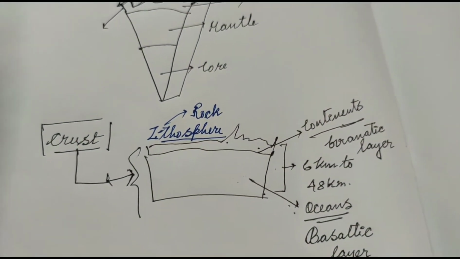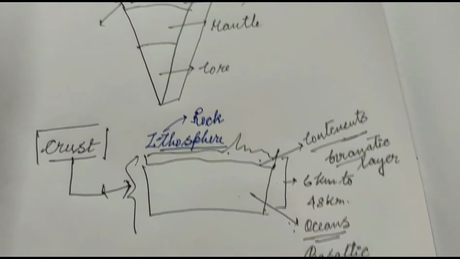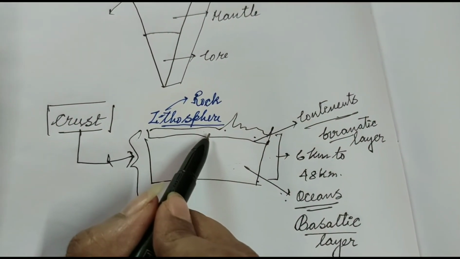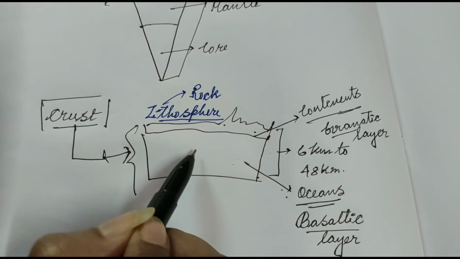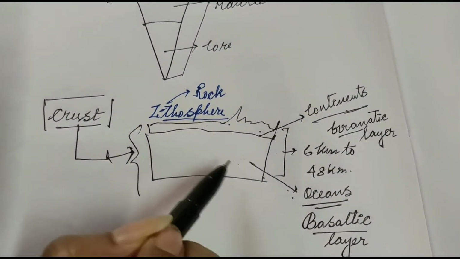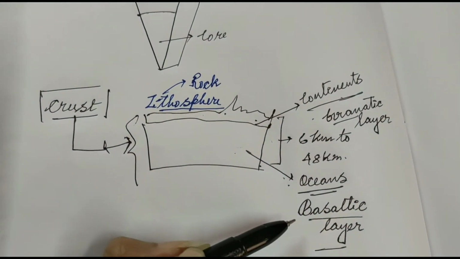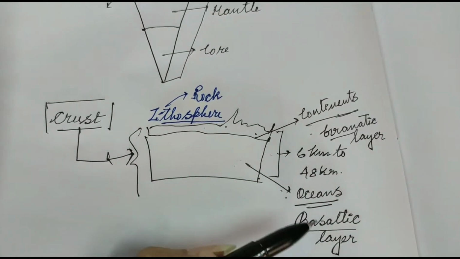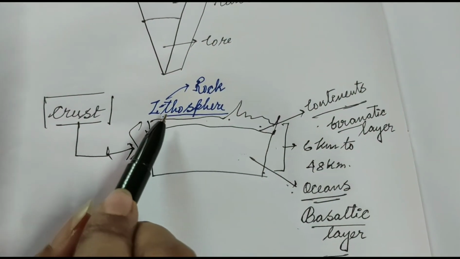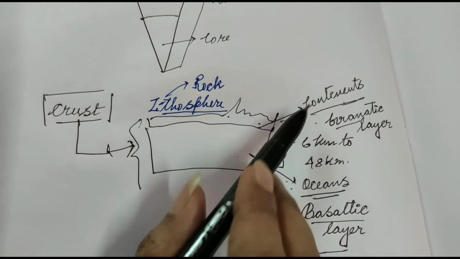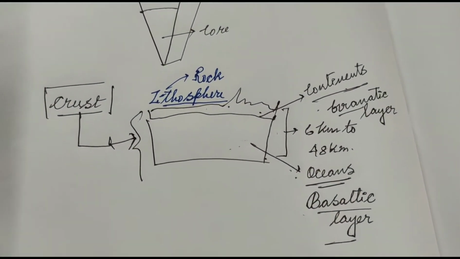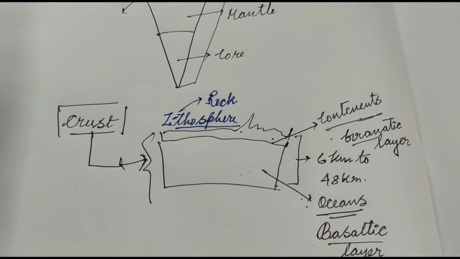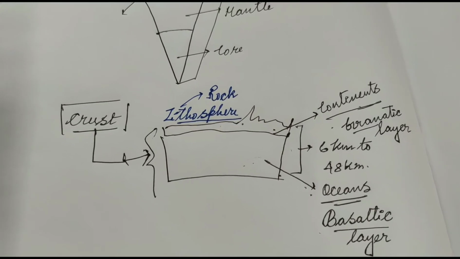So we have two layers, one granitic and another basaltic. Granitic rock is less heavy than basaltic rock. That is why the upper part of the crust is the continent and the lower part of the crust is the ocean, and that is how the continent floats on the oceans.